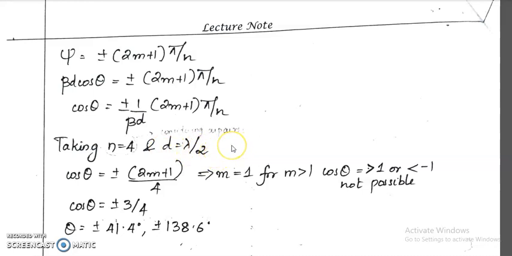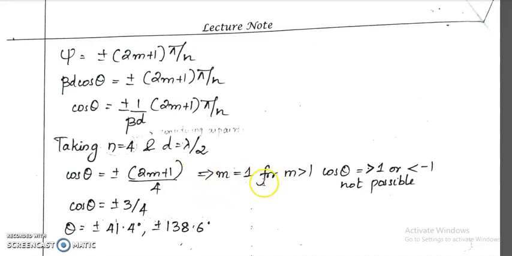You can check with the question paper. Sometimes the question paper may mention the number of antenna elements and the spacing between them. Here we assume the condition that n is equal to 4 and d is equal to lambda by 2, and substituting that, you will get cos theta equal to plus or minus (2m plus 1) by 4. Here we can substitute the m equal to 1 case only.